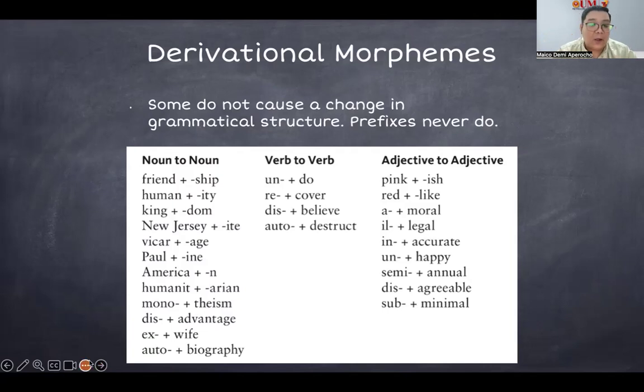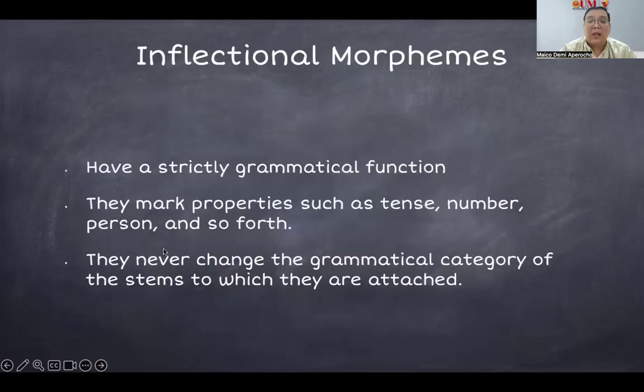Okay, so that's basically the concept of a derivational morpheme, which is in contrast to an inflectional morpheme. Now, they have a strictly grammatical function. They mark properties such as tense, number, person, and so forth. They never change the grammatical category of the stems to which they are attached. So basically, if you attach them to a word, it remains the same word with the same meaning. It's just that the tense, the number, or the person changes.